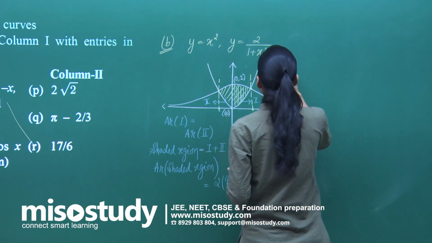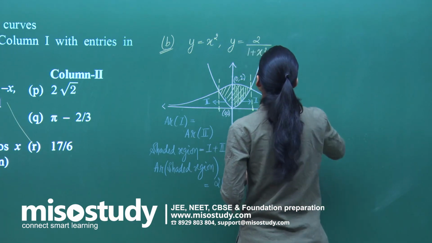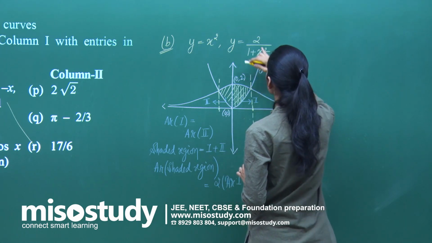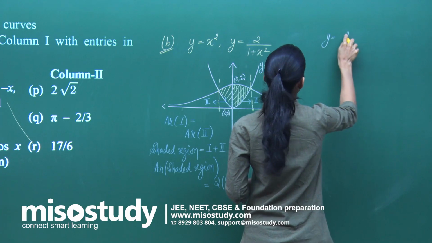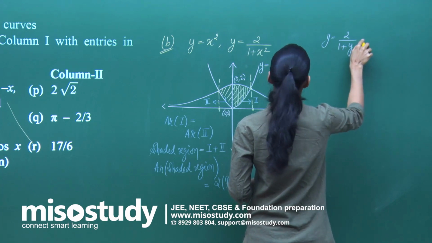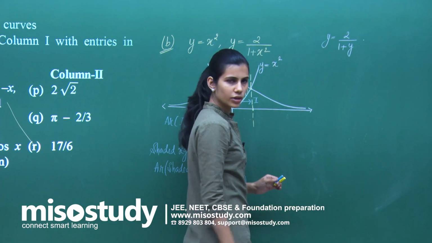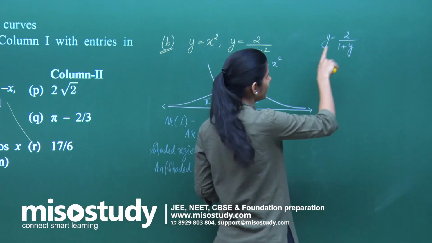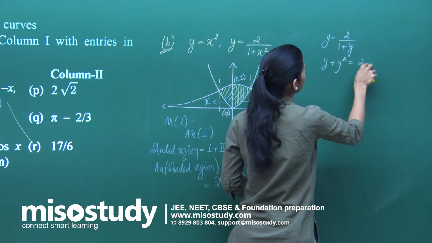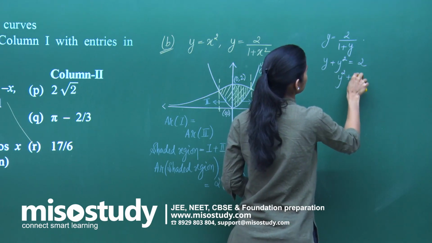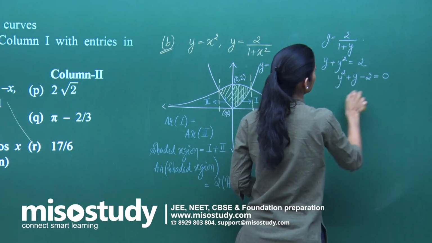So see, here you have y equals x square, here it is y equals 2 upon 1 plus x square. I have to solve both these simultaneously. In place of x square you put y, you get y equals 2 upon 1 plus y. This gives you, on cross multiplying, y plus y square equals 2, that is y square plus y minus 2 equals 0.